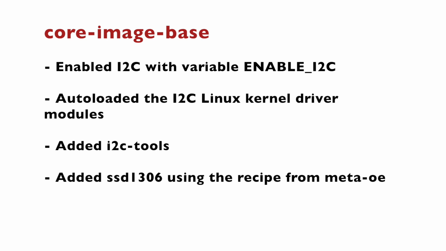I added i2c-tools and used i2cdetect to scan for I2C devices as part of the demonstration in this video. I used the ssd1306 recipe from meta-openembedded/meta-oe. This is a Linux user space driver written in C to control the mini OLED display. By the way, you can create your own driver using any different programming language.